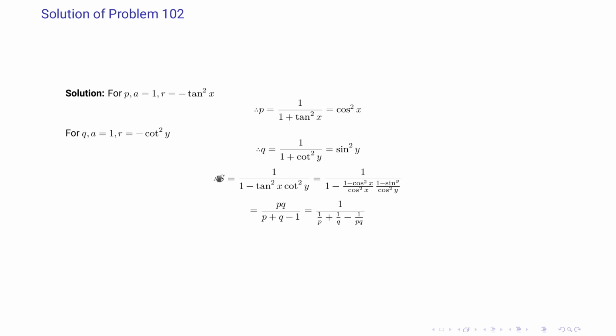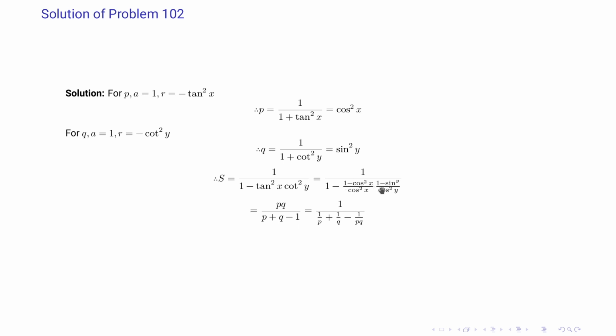So for the final series, we have s is equal to 1 by 1 minus tan square x cot square y. So we change this to cos square x and we change this to sin square y. So the formula now becomes s is equal to 1 by 1 minus, because tan square x is sin square x by cos square x, we can write sin square x as 1 minus cos square x.